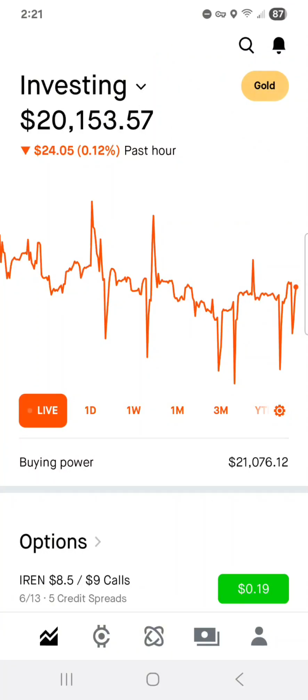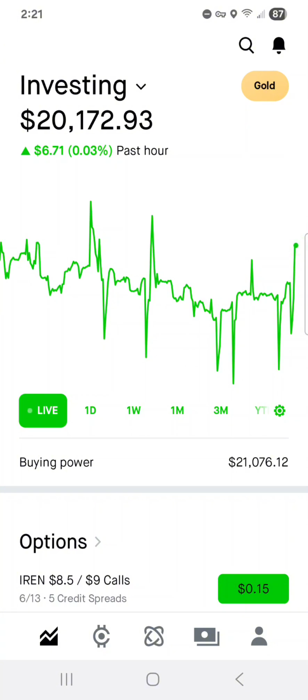All right, today I want to place some put options. I want to sell some put options today on some stocks that I want to acquire. But instead of buying 100 shares outright, I'm going to use the strategy called selling a put.